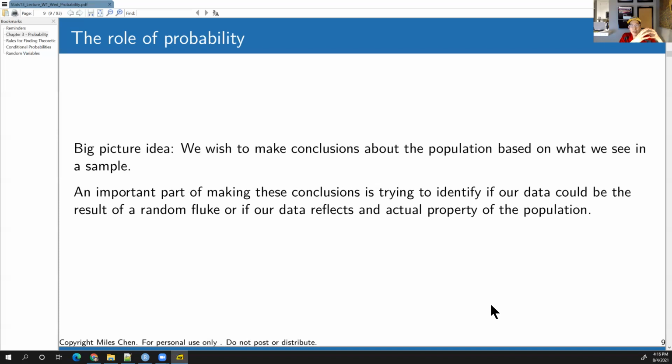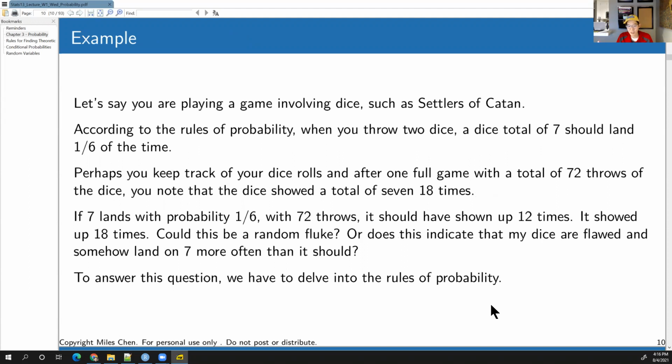Could this just be the result of random effects? Or is this actually an indication that something interesting is happening? And how are we supposed to distinguish between what's happening randomly versus what's actually happening? In order to understand that, we need to understand randomness. And basically, probability is all about understanding randomness, okay?